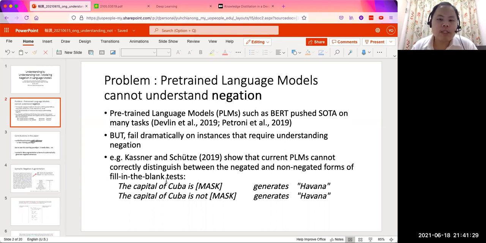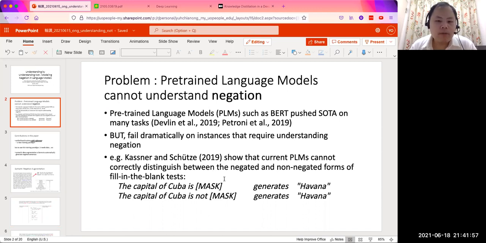In papers published around the time the BERT paper came out, researchers already identified that BERT and other pre-trained language models are not able to correctly distinguish between negated and non-negated forms of closed passage fill-in-the-blank tests.